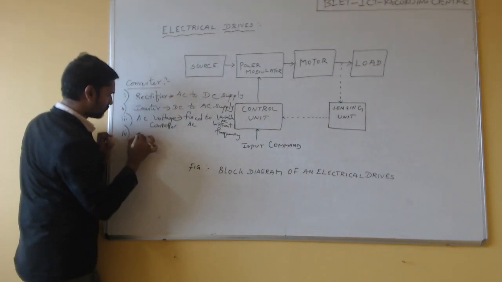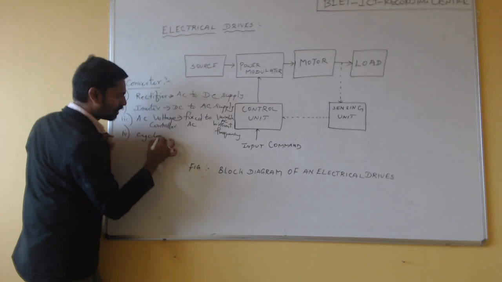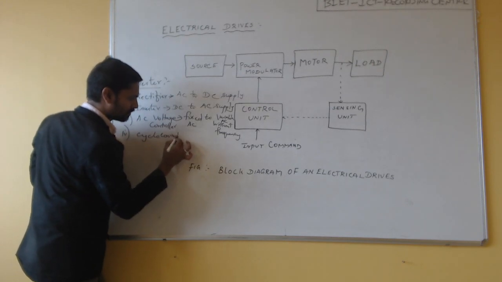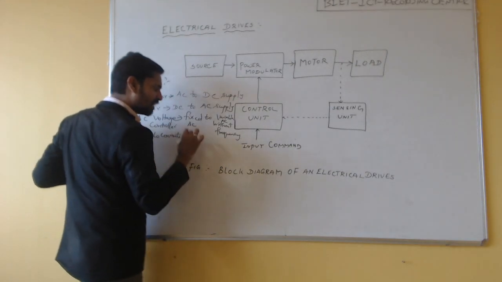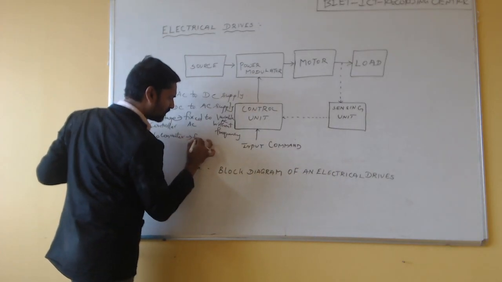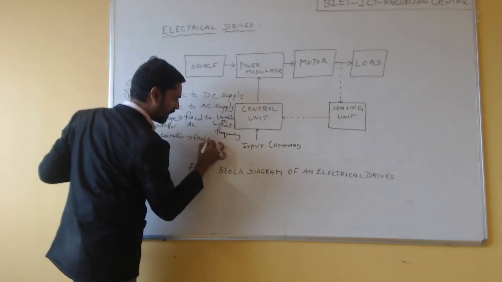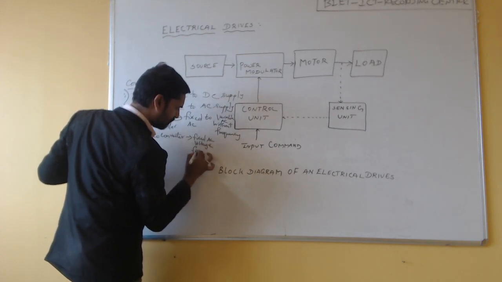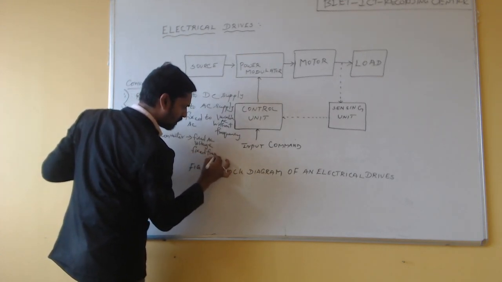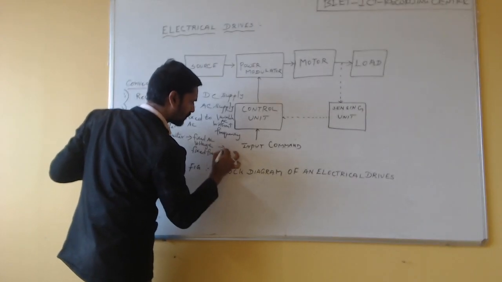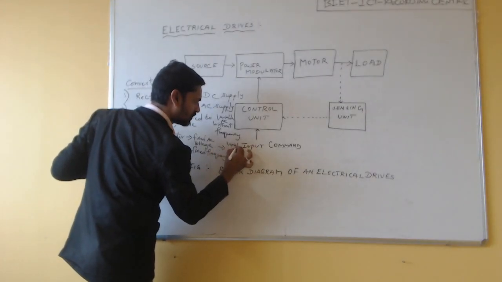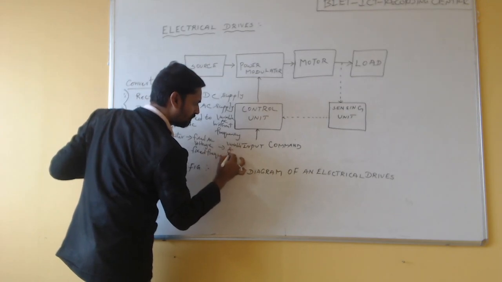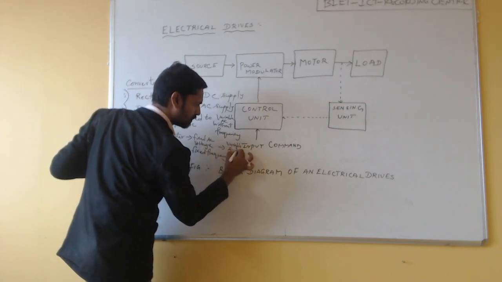Fourth one is the cycloconverter. The cycloconverter will convert fixed AC voltage and fixed frequency into variable voltage and variable frequency.